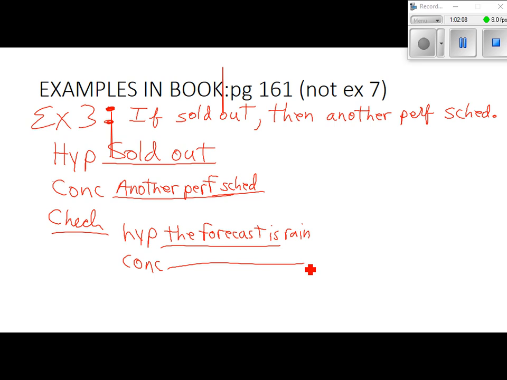And then letter A. So if the forecast is rain, Kendall said that the forecast is rain, that's the hypothesis. What's the conclusion? I will take an umbrella, right?